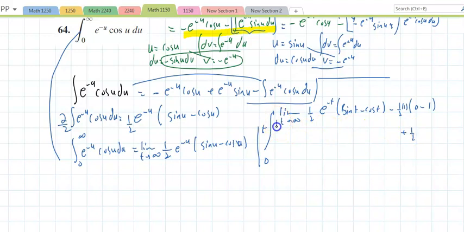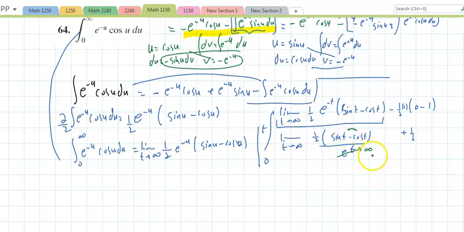And now I'm dealing with this limit. And how am I going to figure this out? Well, that's the limit as t approaches infinity of 1/2 sine of t minus the cosine of t divided by e to the t. As t approaches infinity, the denominator will approach infinity, and the numerator oscillates.